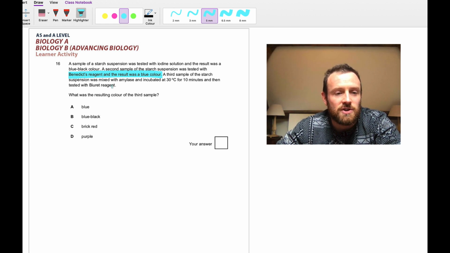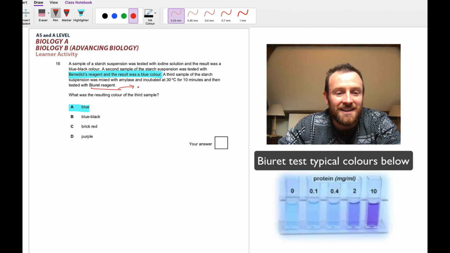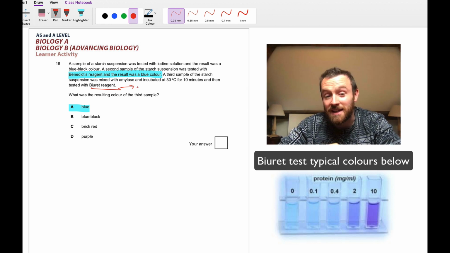Okay, this is a trick question here. So this is still going to be a blue colour. So it's still going to be blue because... Oh, hang on a minute. No. Wait a sec. Okay, almost got me there. So biuret reagent is a test for proteins.